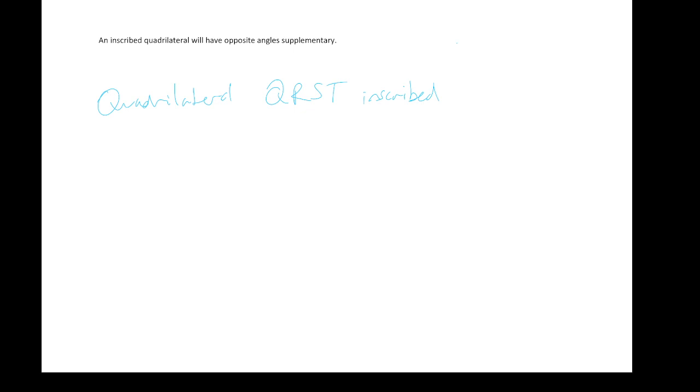I'm trying to remember what word he uses in his writing; cyclic was the word that it was translated as. And we'll take a look at his theorem with regard to these inscribed quadrilaterals with a circle.